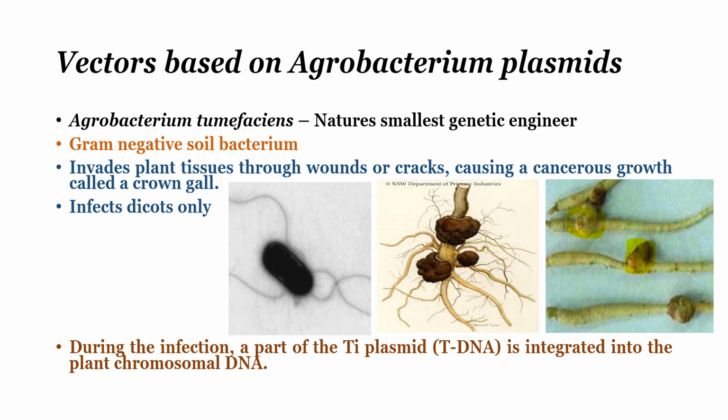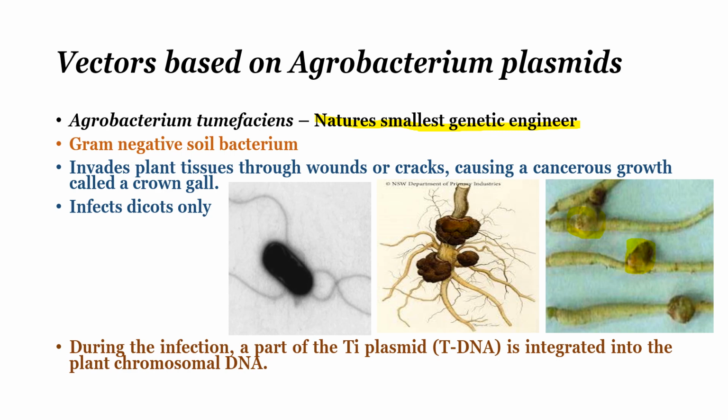Agrobacterium is also termed nature's smallest genetic engineer. Why is it called the smallest genetic engineer? Because where it enters into the plant, those plant cells it genetically modifies to make its own food.